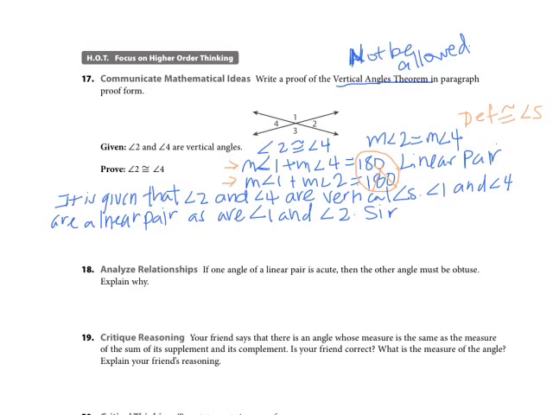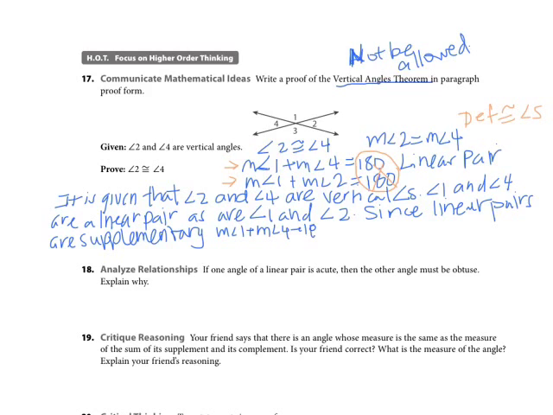Since linear pairs are supplementary, the measurement of angle 1 plus the measurement of angle 4 is equal to 180.